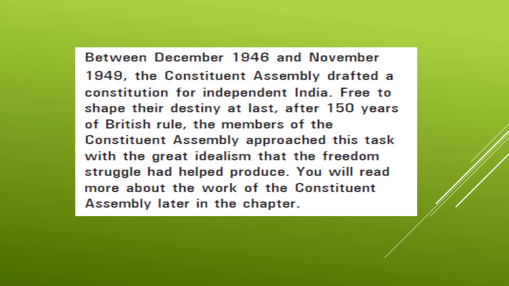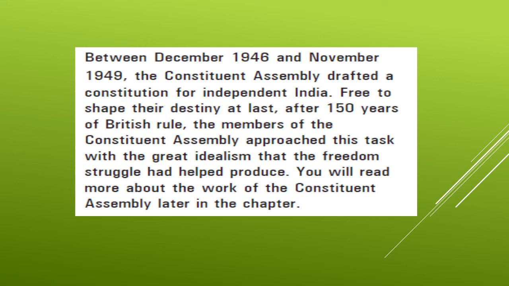The Constituent Assembly had representatives from all parts of India, and it took more than 2 years, between December 1946 and November 1949, to draft the Constitution of independent India.